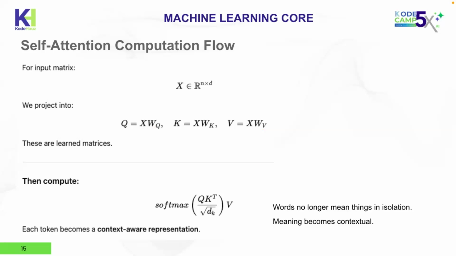The QKV is basically projections. When we say projection, think of it like embeddings. If you learn an embedding, you are basically learning a meaning for the words or whatever input you pass in, right?